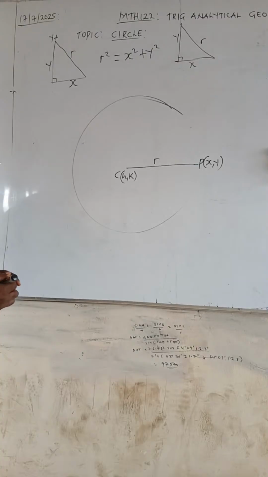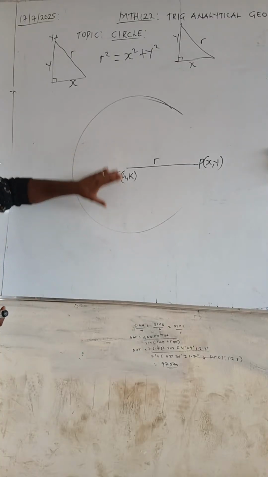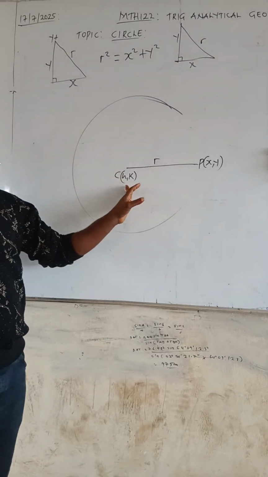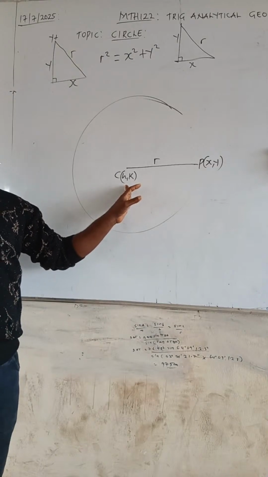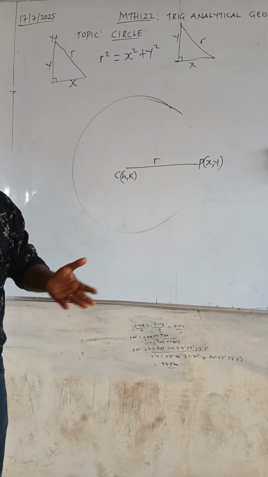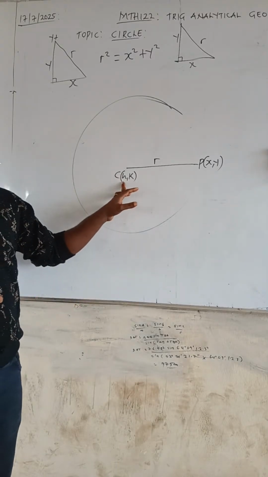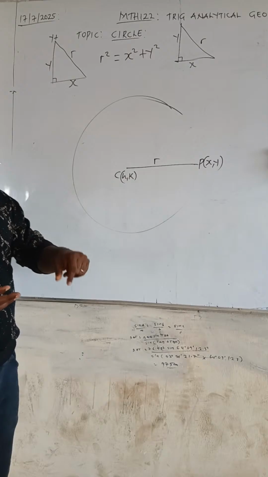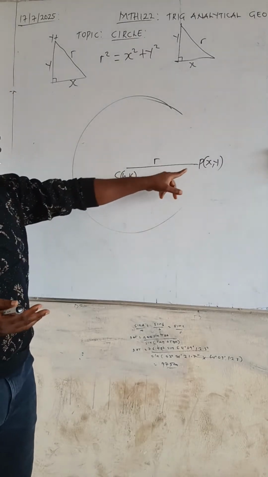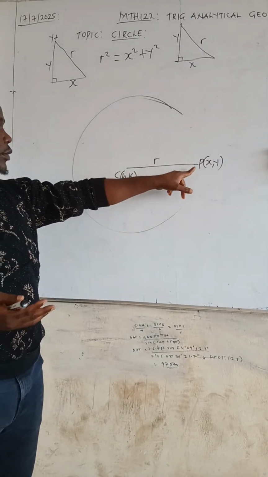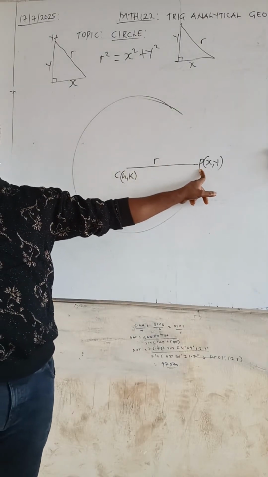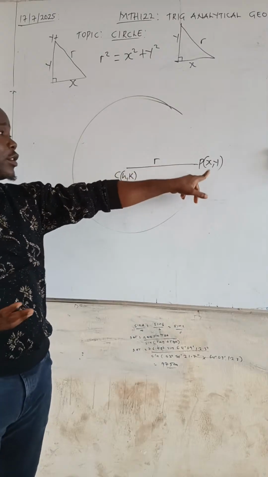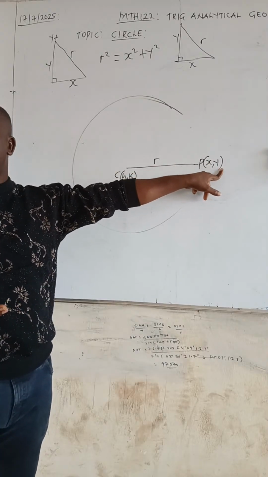So now, let us consider this circle. This is the center, and we name the center as C(h, k). Then the radius is r. Then our point P on the circumference is (x, y).